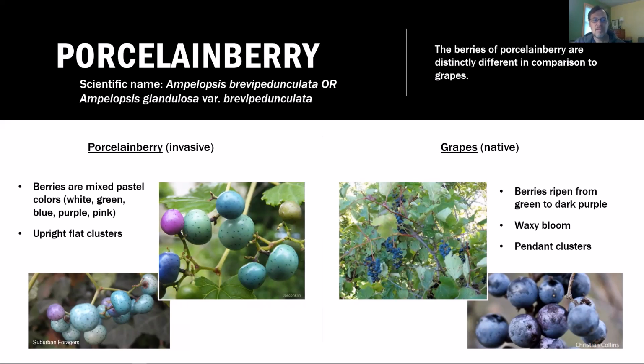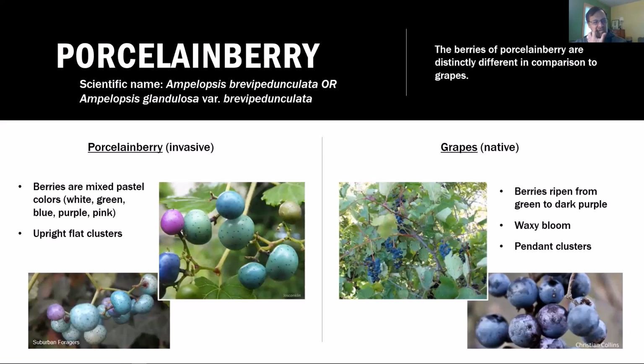The porcelainberry has a different shaped cluster. It starts out as an upright, flat cluster, although by the time the berries are there, they've often weighed it down, so it's dangling, but it still has that flat shape. It's not a long cluster like grapes. And the berries are a different shape. They're sort of fatter than a grape, and the colors are very different.